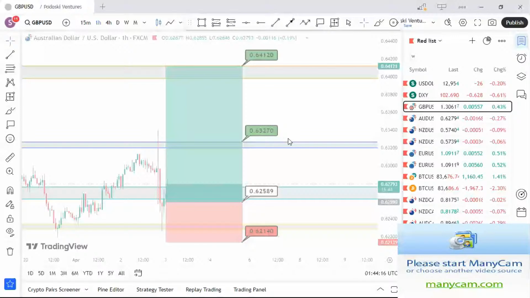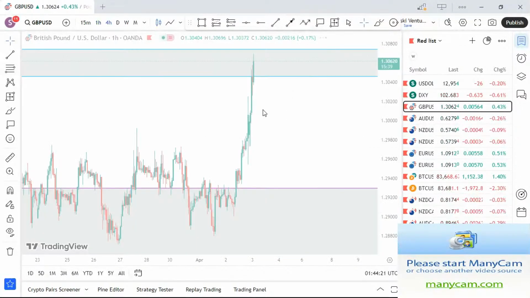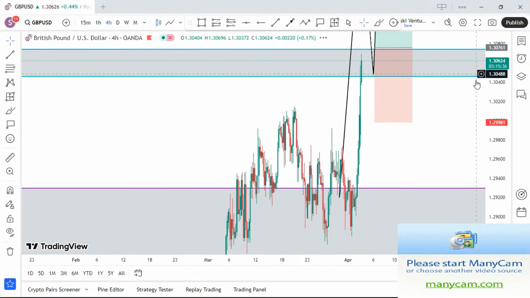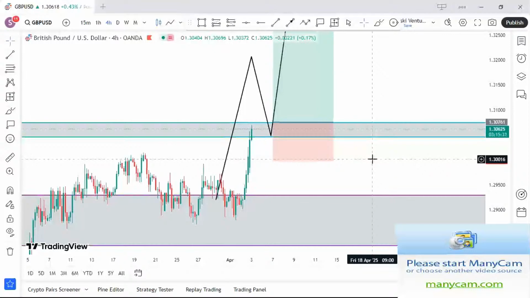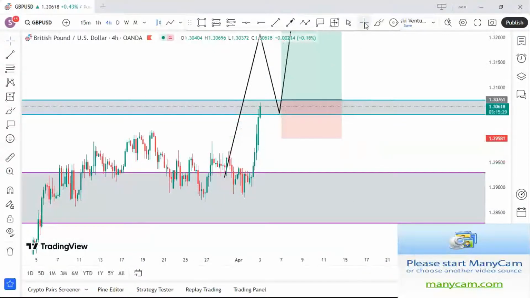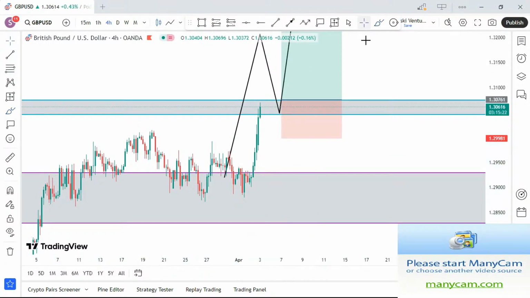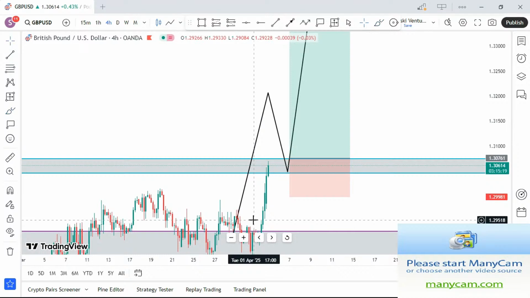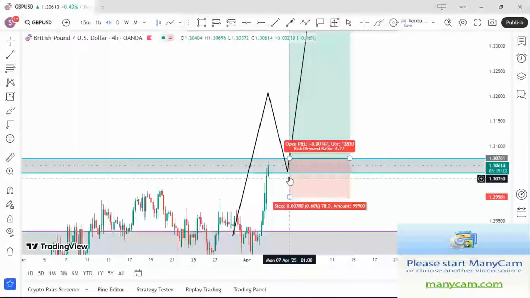The only pair which we haven't traded is GBP USD. If you watch my past recording, I said we wait. GBP USD has been consolidating over here for a very long time. So what you are going to do is wait for price to break out of the consolidation, breaking the demand zone. Then after that, it comes for a retest, then we take the buy all the way to the outside.